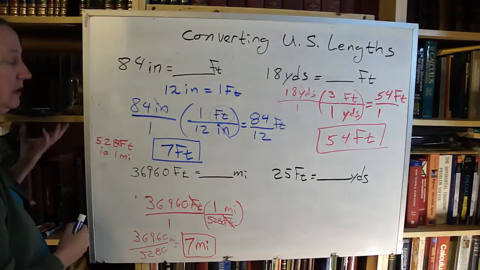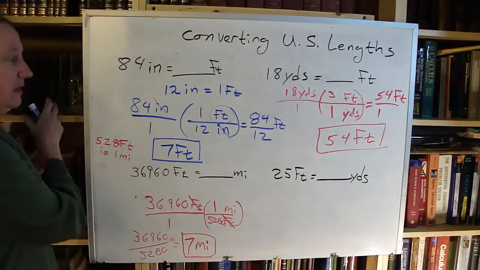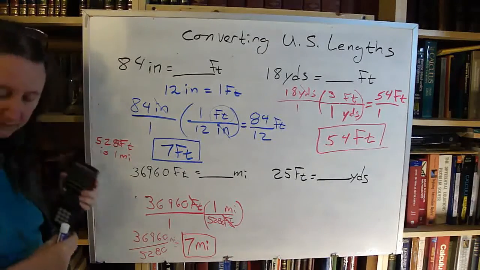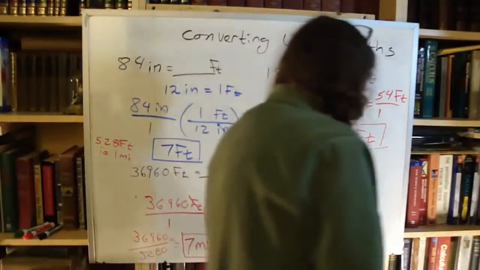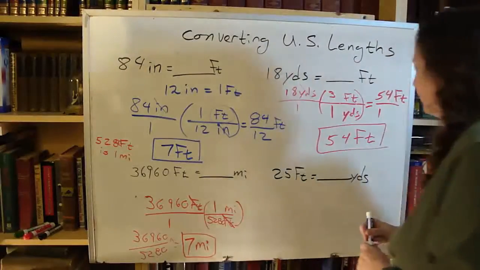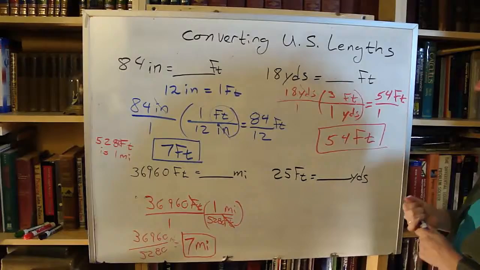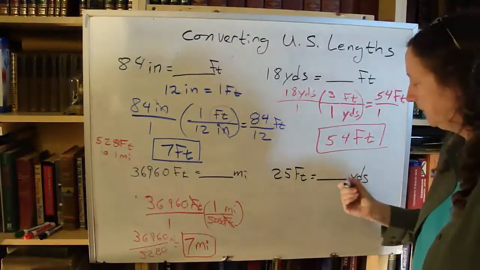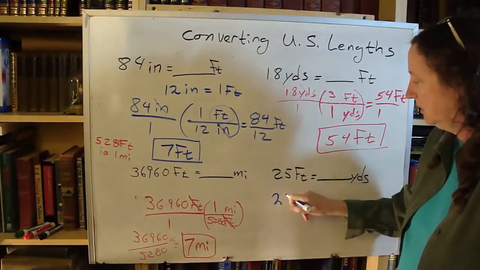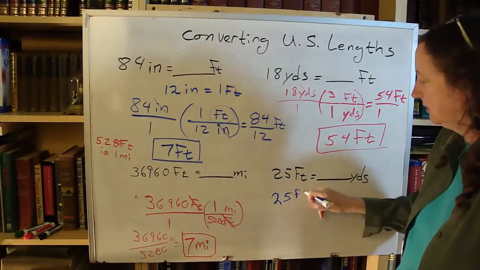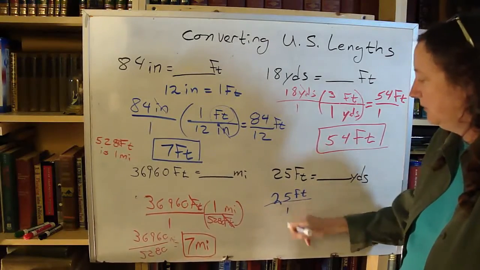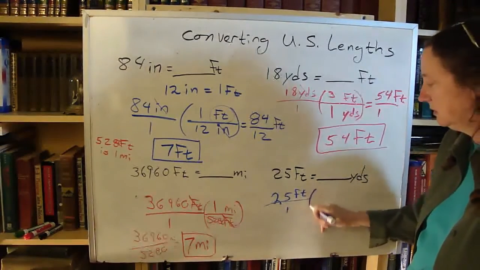Last problem over here. 25 feet is how many yards? We figured out up here 3 feet is 1 yard, so I'm going to use that again. 25 feet. Put it over 1 so I have a fraction.